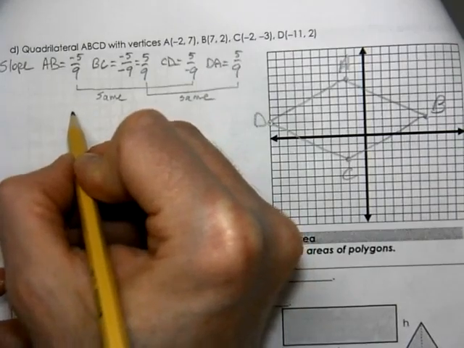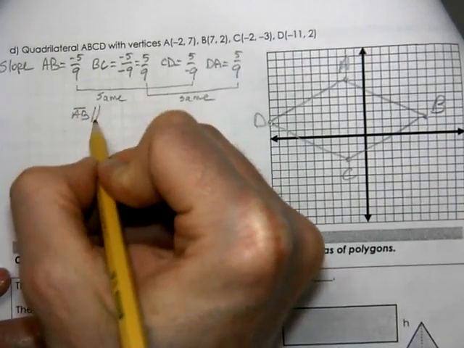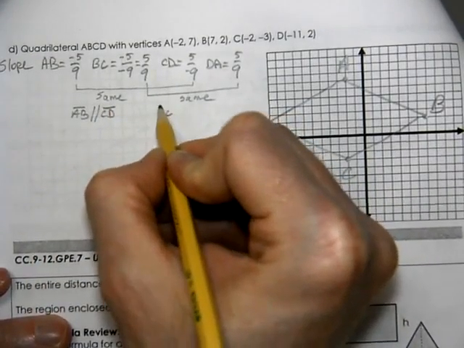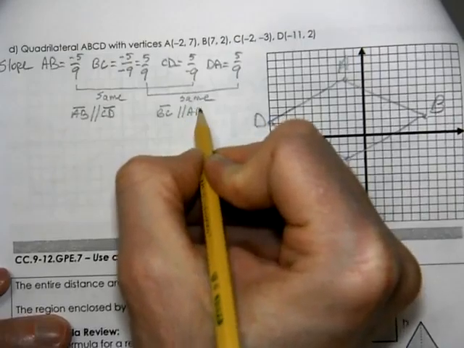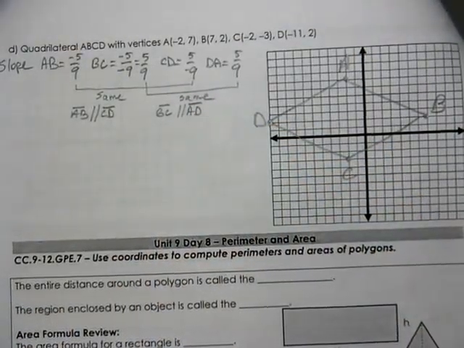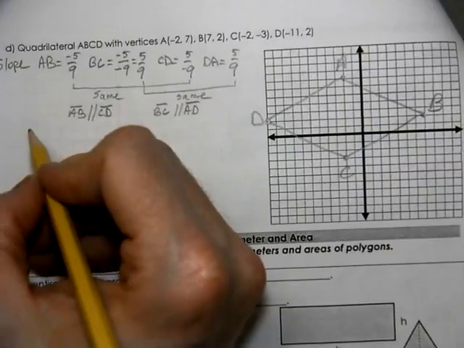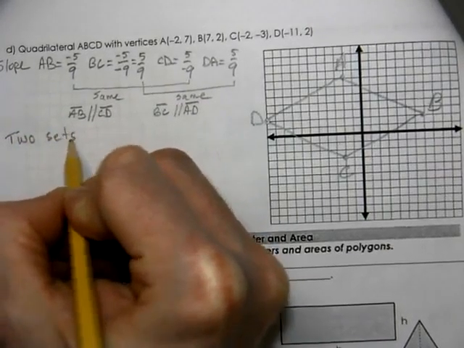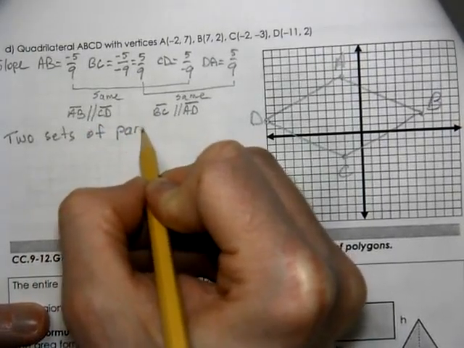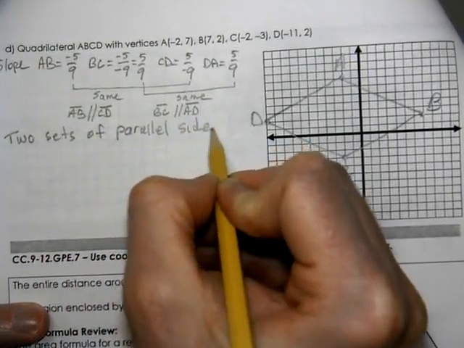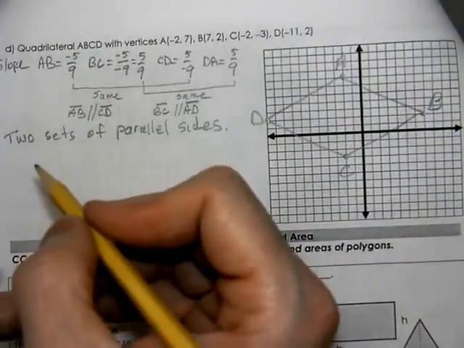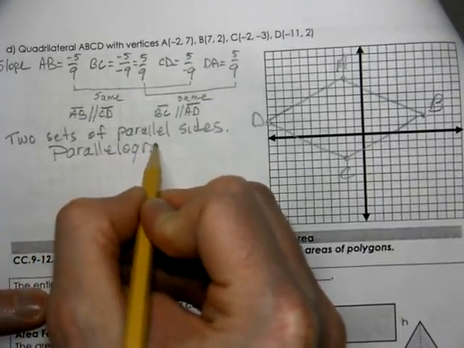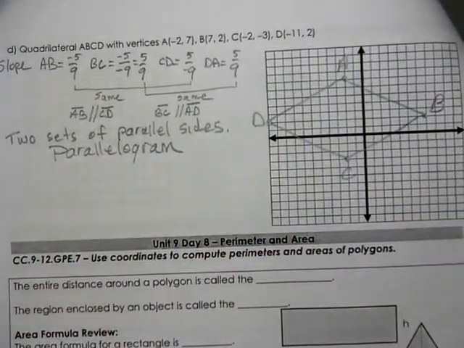So we know that AB is parallel to CD, and we know that BC is parallel to AD. Two sets of parallel sides. So we know it's a parallelogram.